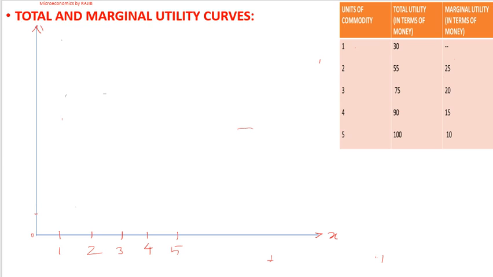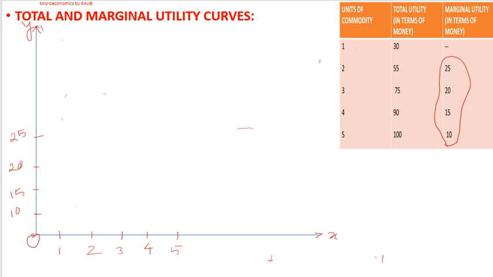This is the origin, and I am just drawing here the marginal utility. From below I will draw here 10, 15, 20, 25, using this column.